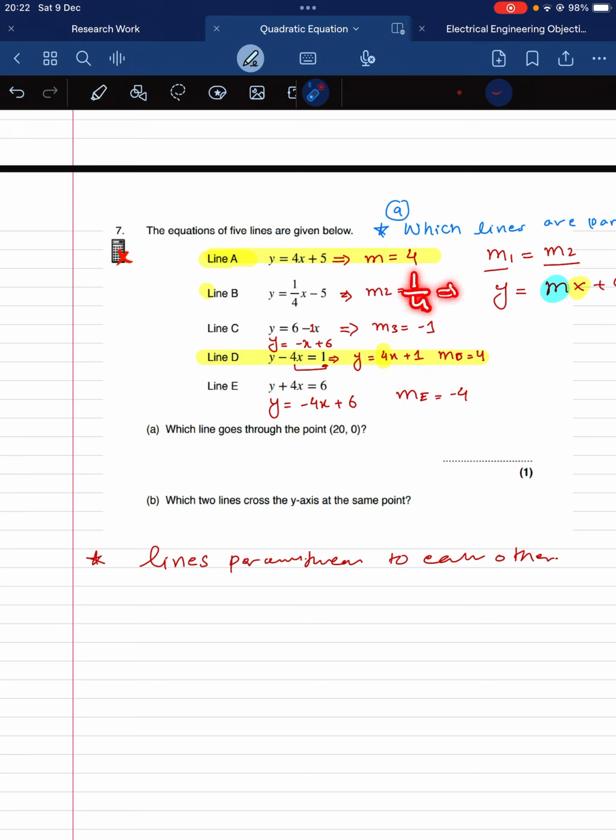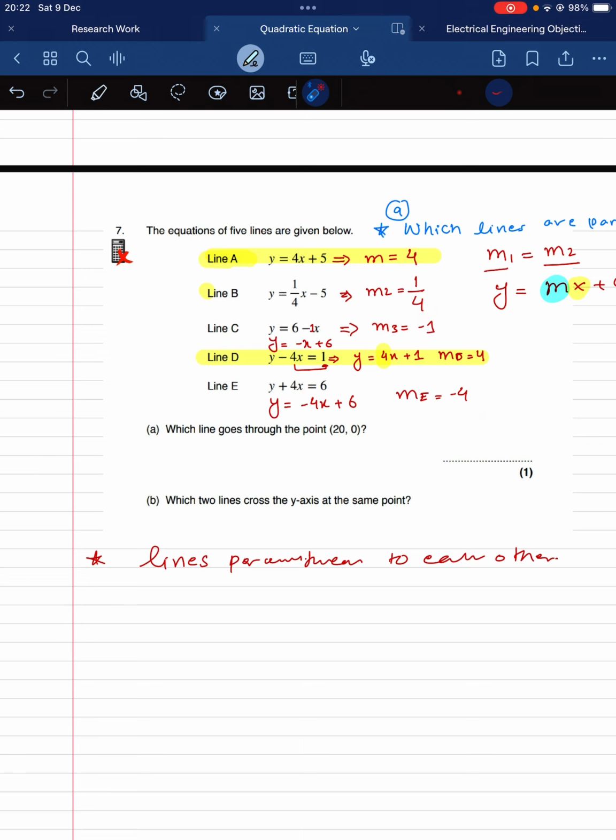If you take the negative reciprocal, first we change the sign, so first it was positive, now it becomes negative. It is 1 by 4, now it will be 4 by 1, so you get minus 4. So the line which is perpendicular to this line should have the slope of minus 4, and you can see that line E has the slope of minus 4.